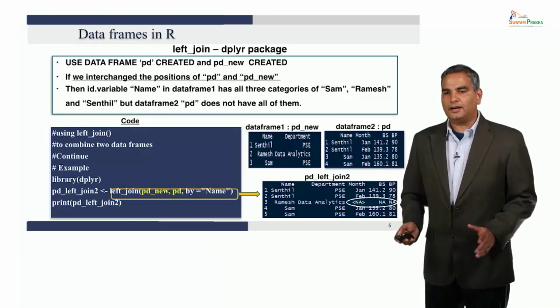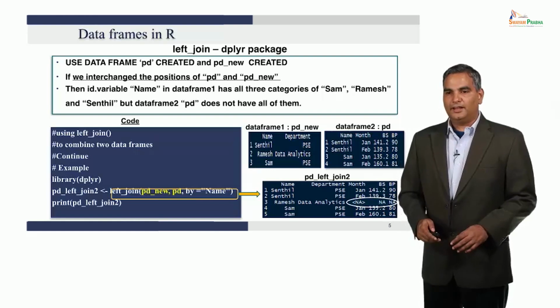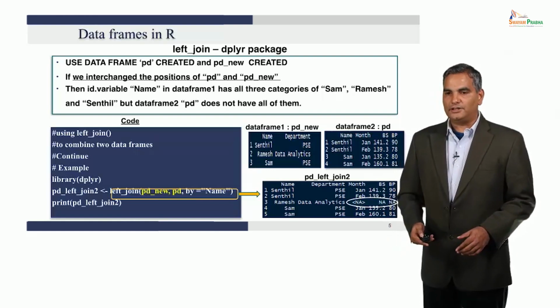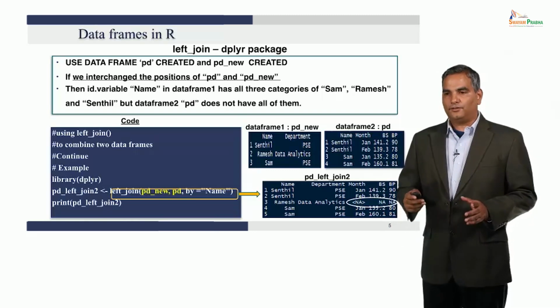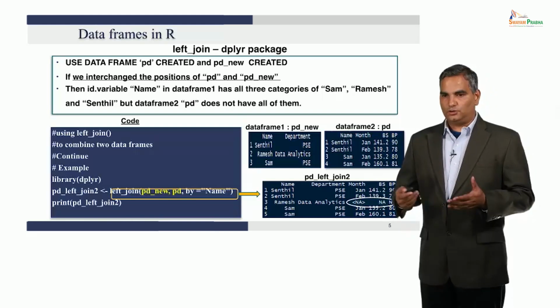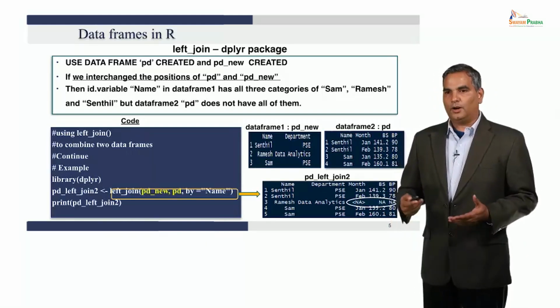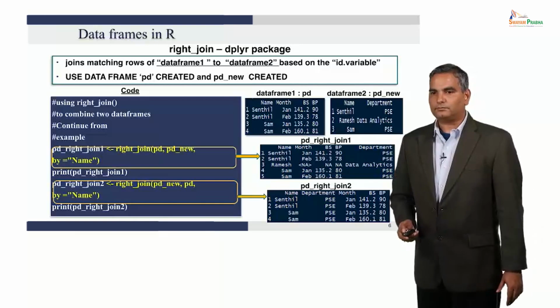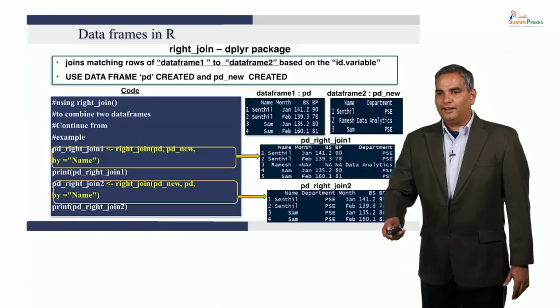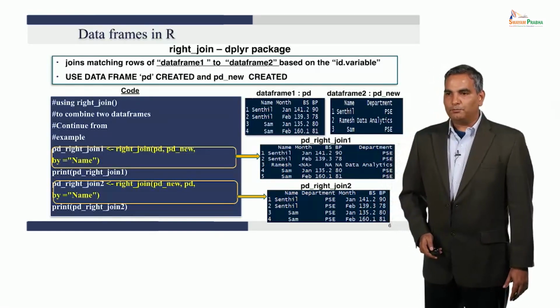So there are many commands within the data frame that you can look at. I'm going to explain one more command, which is right join, to give you a good flavor of how this works. And then I leave you with several commands that you should play around with in R to understand this better yourself. So let's look at right join. So I have PD new by name.